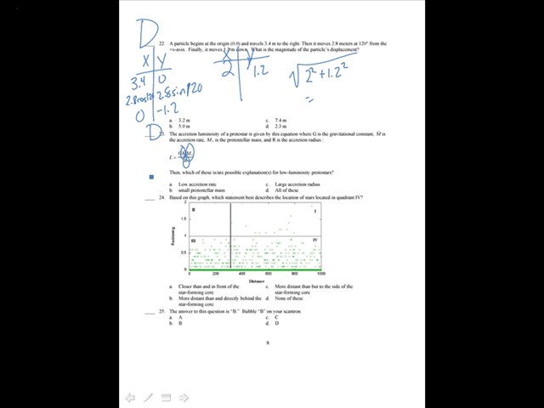Based on this graph, which statement best describes the location of stars in quadrant 4, that have a low reddening but a large distance? Well, if you remember from class, this is your telescope. Here's your star-forming core. You have stars in the front, you have stars in the back, and then you have stars to the side. Stars to the side and in the front, and stars to the side and in the back.